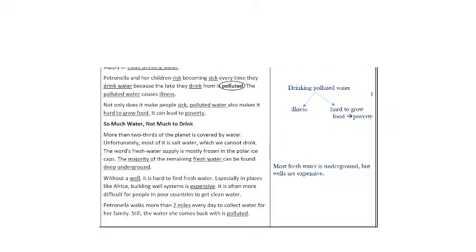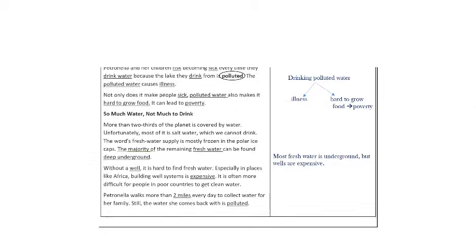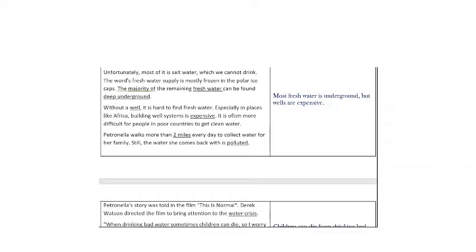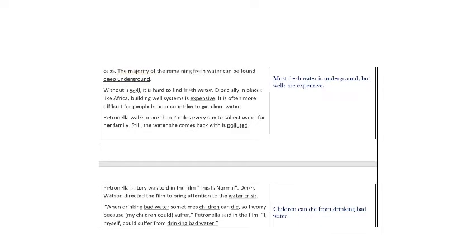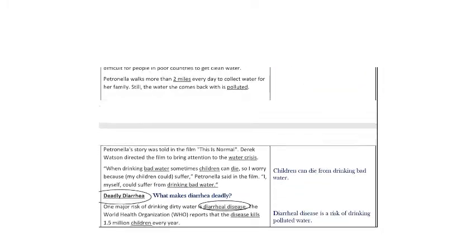And then this drinking water causing both illness and poverty explains a little more about why polluted water is a problem. The next chunk is why people can't get fresh water. Okay, it's because it's expensive to make wells, and most of the fresh water is underground.